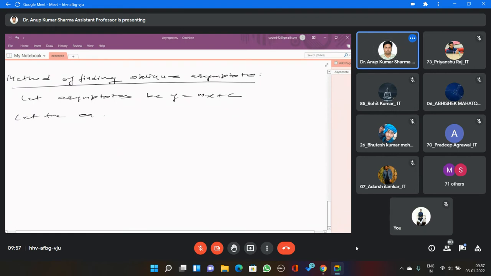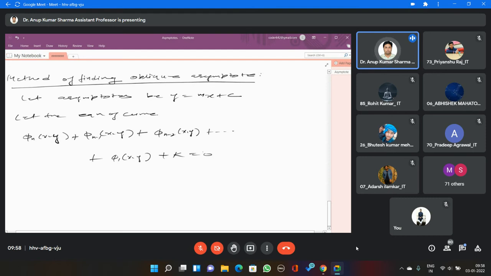Let the equation of the curve be assumed in this way: x^n terms, phi n of x, y, plus phi n minus 1 of x, y, plus phi n minus 2 of x, y, and so on, plus phi 1 of x, y, plus k is equal to 0.